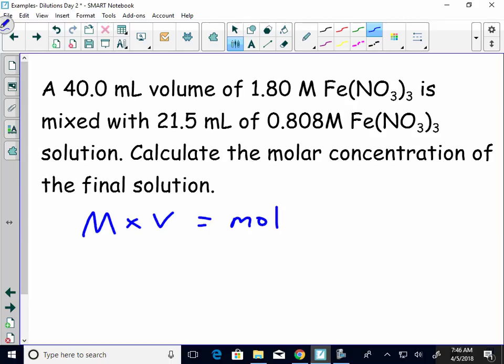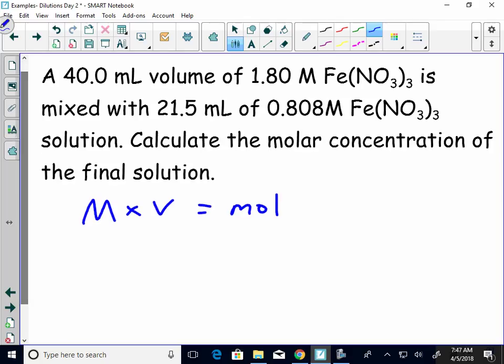Now, since I am not just comparing these two things, I'm going to make sure that I have my volumes in liters, because when we define molarity, it is moles per liter, correct? So I am going to make sure that I put my volumes into liters.